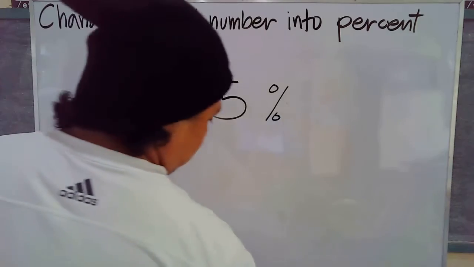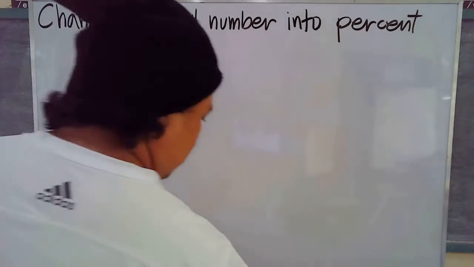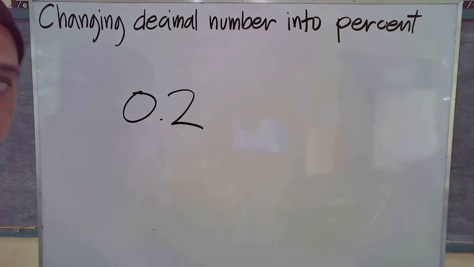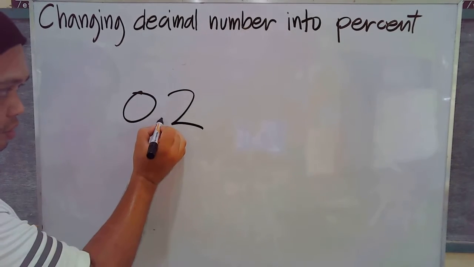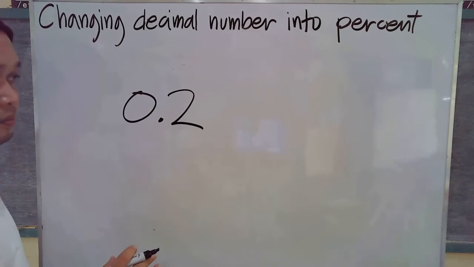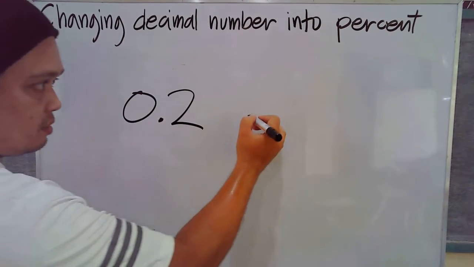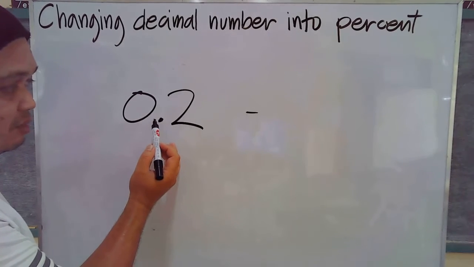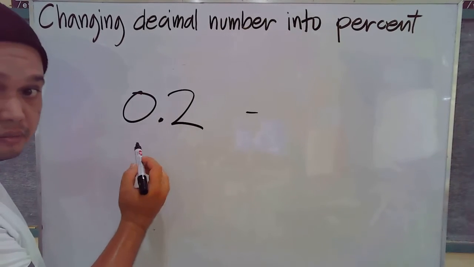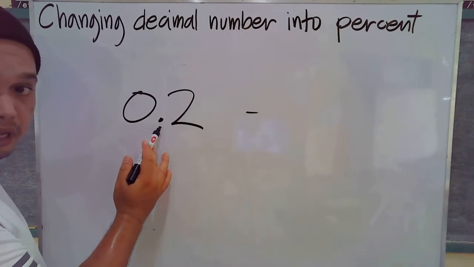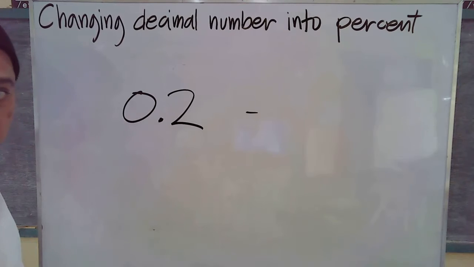Let's have some more examples. Here we have a decimal number which is 0.2. We want to change this number into percent. The same method or procedure: just move the decimal point 2 steps to the right, drop the point, and change that into percent.